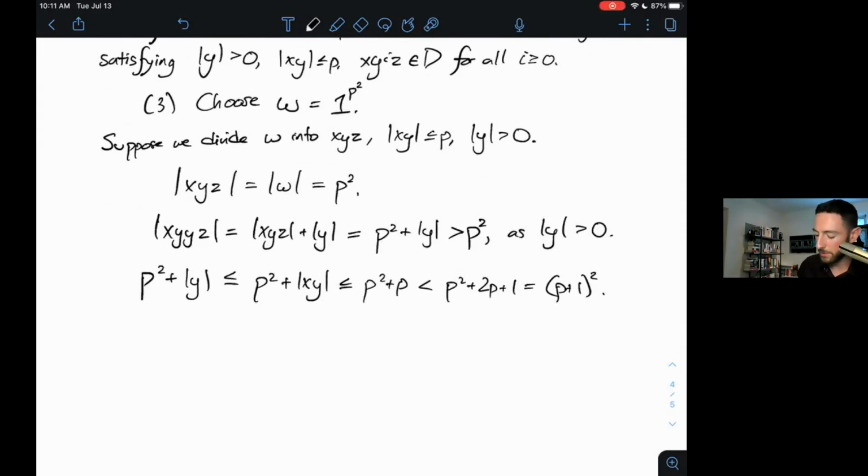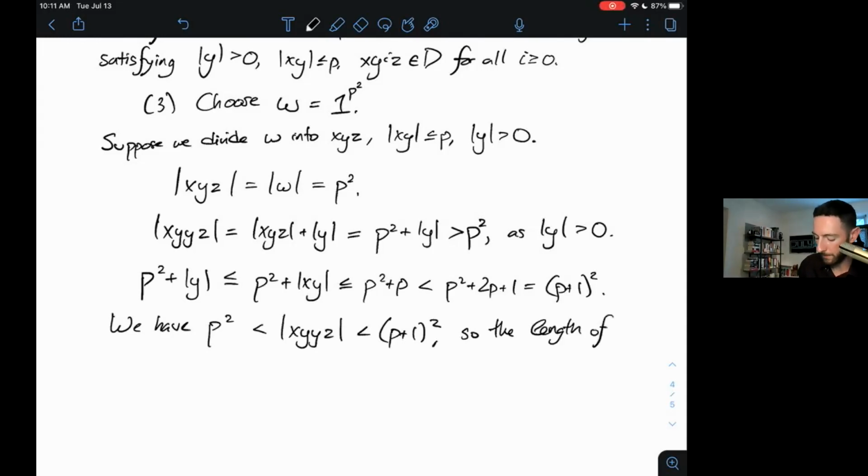So what we've just shown is based on our requirements for the length of x and y, we have p squared is less than the length of xyyz is less than p plus 1 squared. So the length of xyyz is not a perfect square.